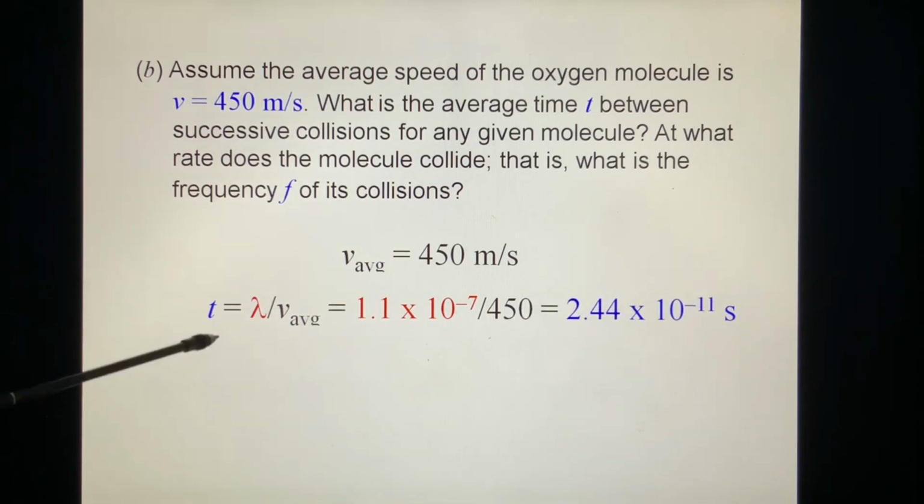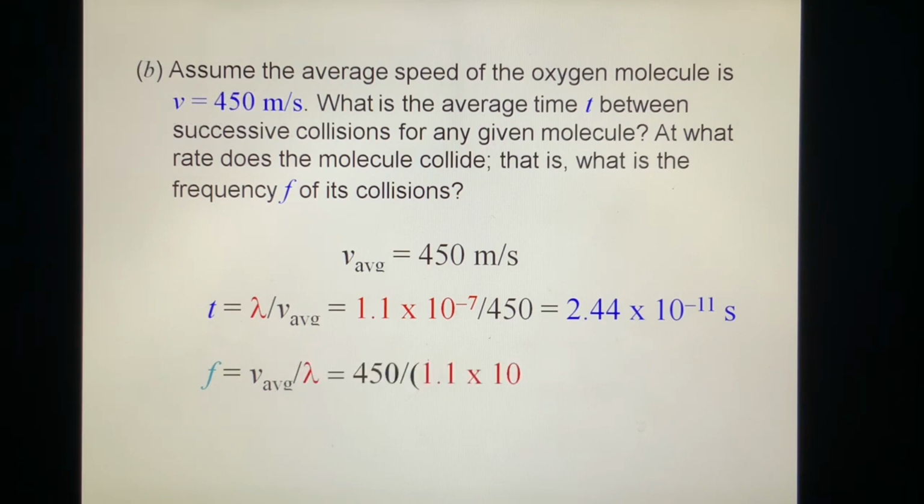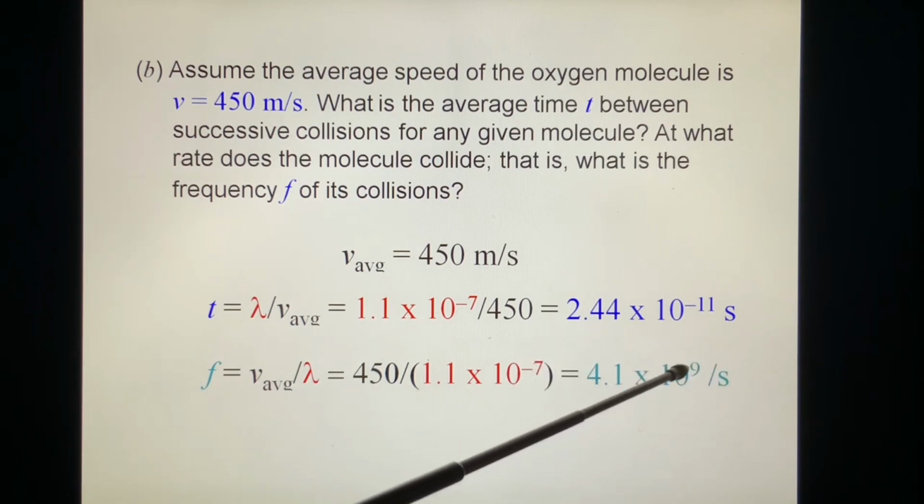And 1 over t is the frequency. In 1 second, how many times does it collide? You find 4.1 times 10 to the 9th per second. This is a giga. So the oxygen molecule in the air is busy colliding. In 1 second, you have a giga collisions, very big.